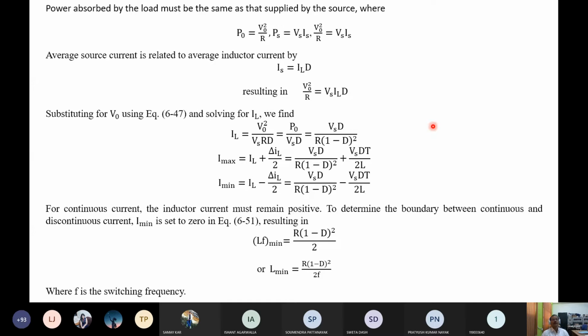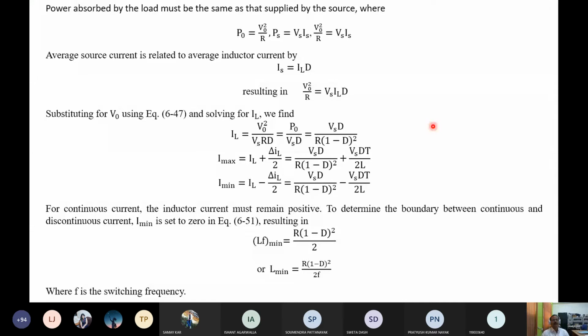Now, for ideal cases, power absorbed by the load must be equal to the power supplied from the source. So power absorbed by the load is V0 squared by R, and power supplied from the source is VsIs. So V0 squared by R is equal to VsIs. Now, the average source current is related to the average load current, right?